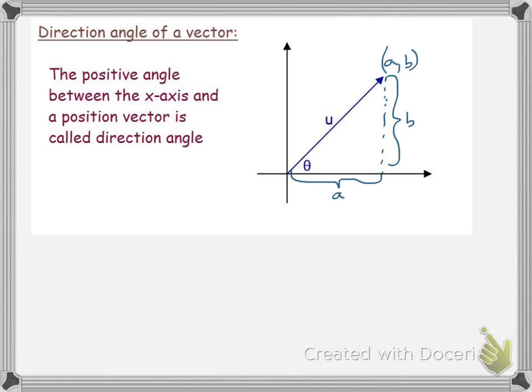You can draw this figure again, and if I'm looking for this angle and you're given these components of the vector, you can use SOHCAHTOA, and in this case we're going to use tangent. So to find the direction angle, tangent of theta is equal to b over a, as long as a does not equal 0.